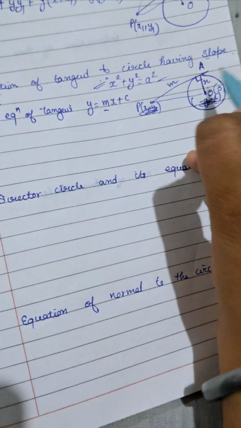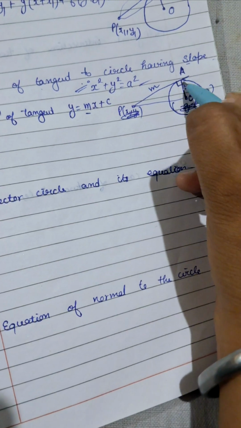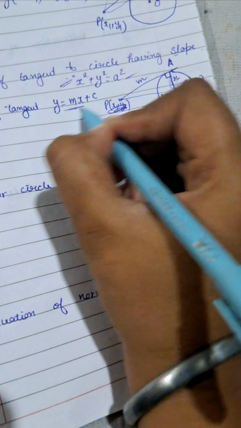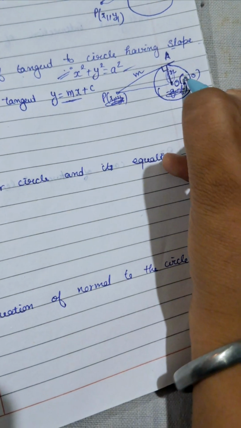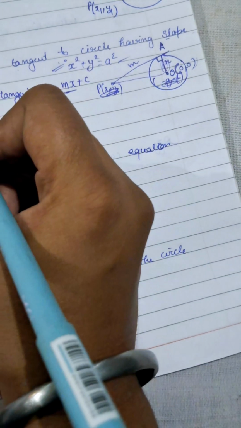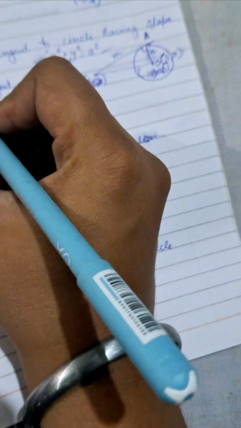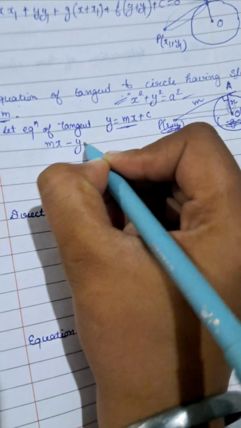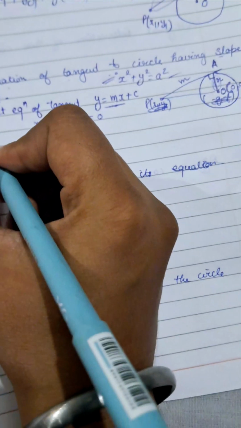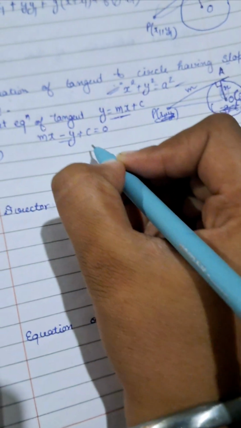So now we can calculate the radius with respect to this line by using the distance formula, and the line becomes mx minus y plus c is equal to 0. The distance of 0 0 from this line, how can we calculate?